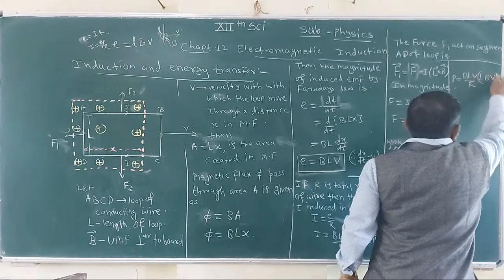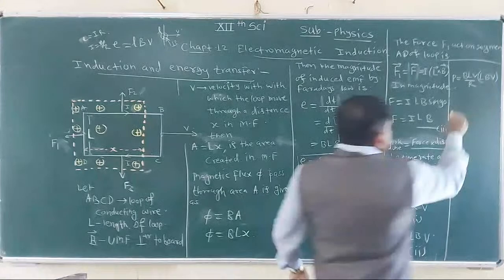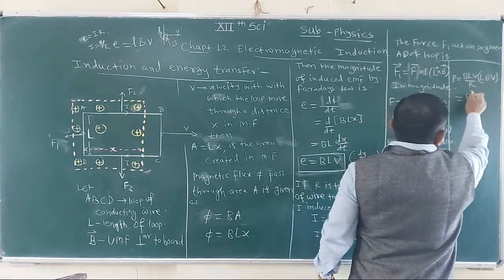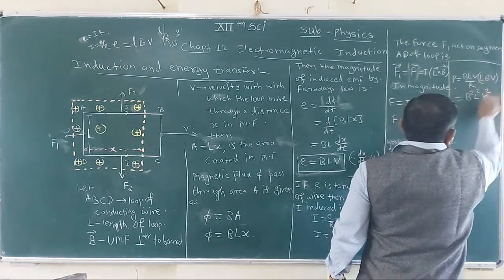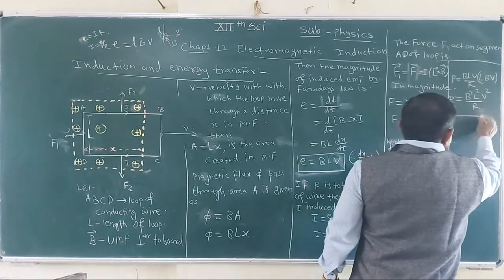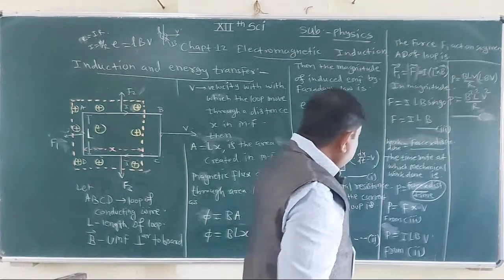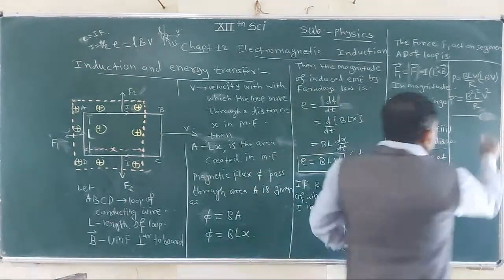So this is LBV and this is I. We get the formula as B square L square V square by R. So this is the power generated, or the mechanical power used. You can write it as equation number 4.